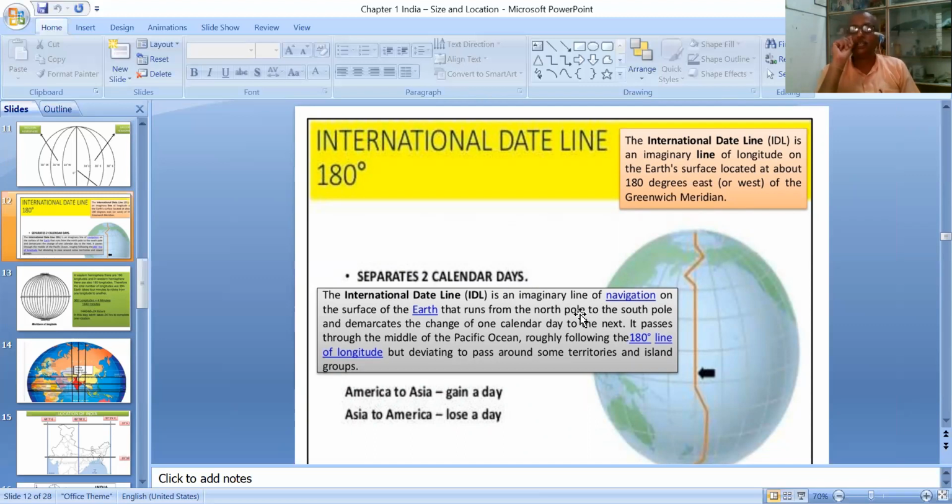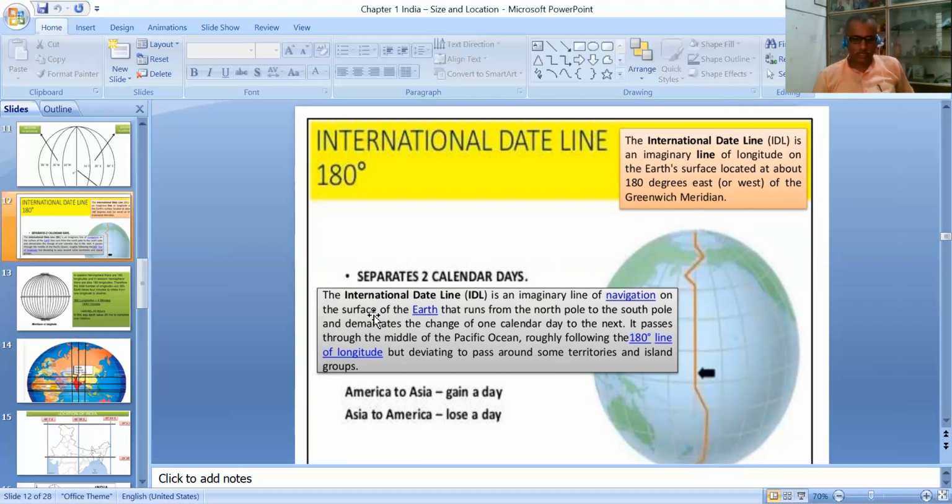It is an imaginary line drawn on the globe, located about the 180° position, where the east and west longitudes come and join. You might have seen it in the previous diagram. It is a navigational line, an imaginary line, drawn in a jigsaw pattern because wherever land masses are there, they have taken that into consideration.